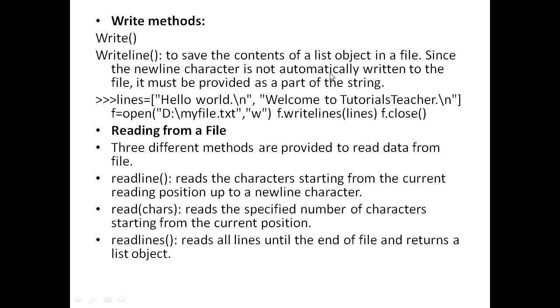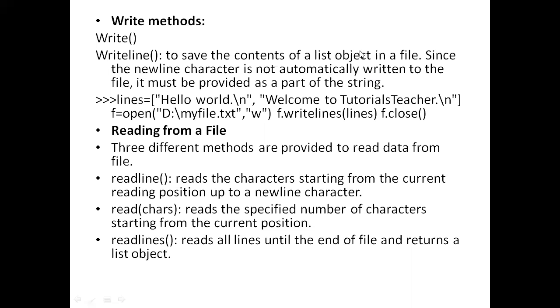Okay, in last class, we discussed how to create a file, how to write data into a file, and how to read data from the file. If you want to work with a file, first we need to open it with the help of the open method.